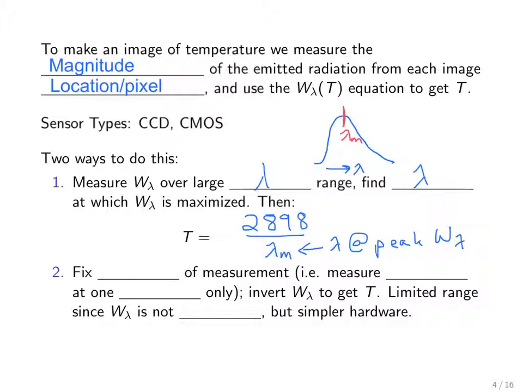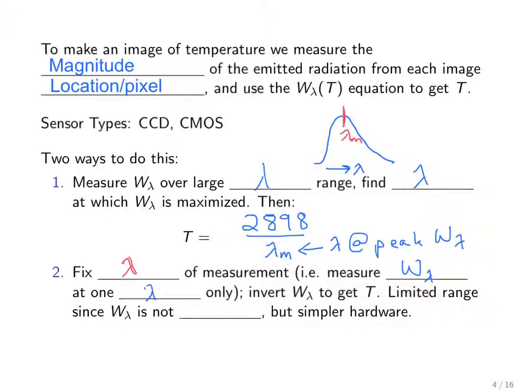The other approach is to fix the wavelength of your measurement. In other words, measure W sub lambda only at one wavelength, and then invert W sub lambda to get the temperature back.